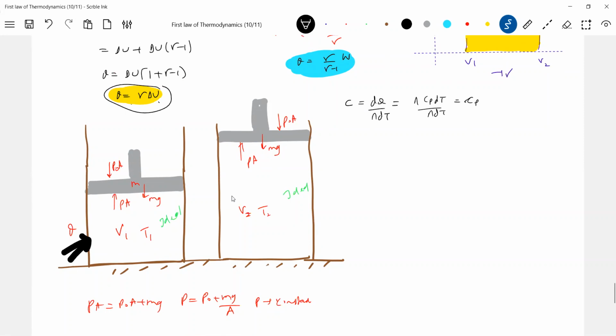So what will this gas do when you supply heat? A part of it is utilized to increase internal energy, remaining is utilized to do work.